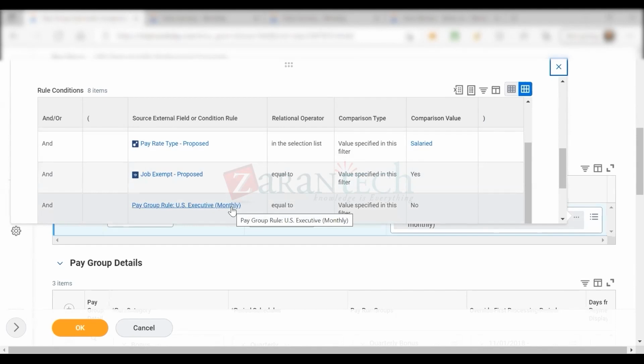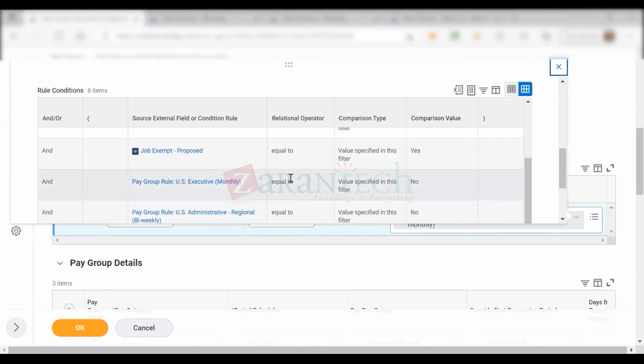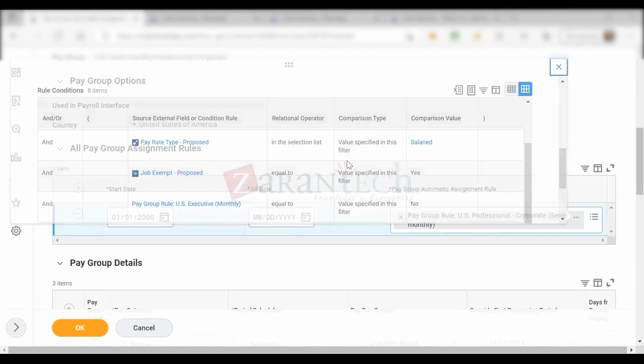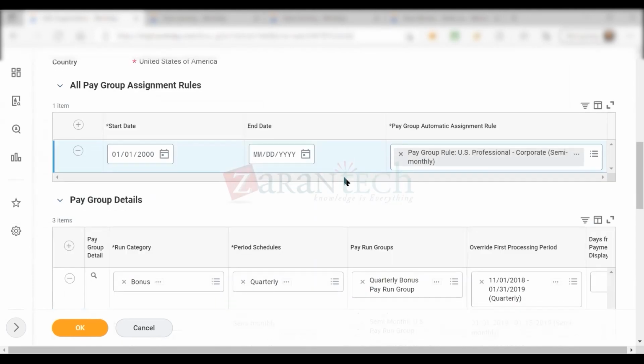So if the employee is not part of executive and all these conditions are true, then assign semi-monthly professional corporate to the employee. Just define this rule, and there is no need to bother whether the employee is assigned to a pay group or not. If by mistake HR forgets to do the assignment in the assign pay group step, which is part of the hire or transfer BP, there are two scenarios.